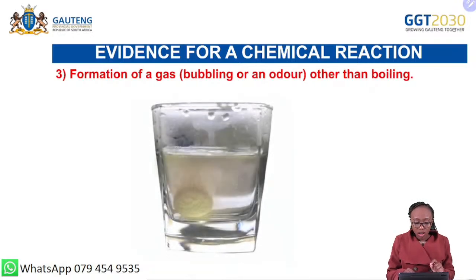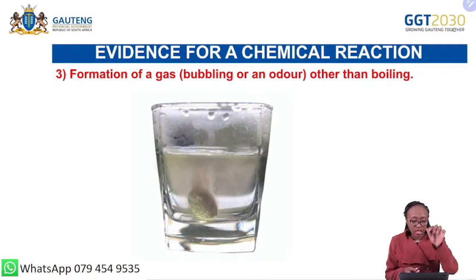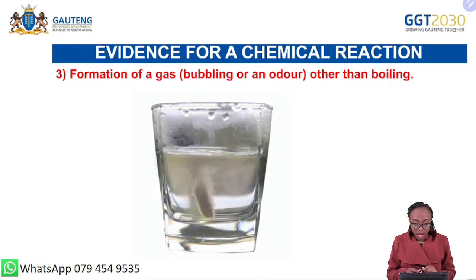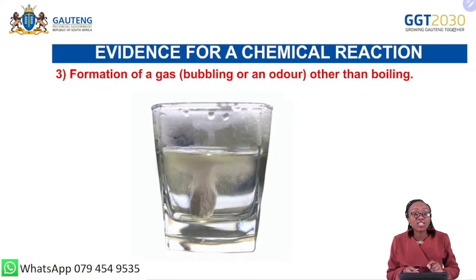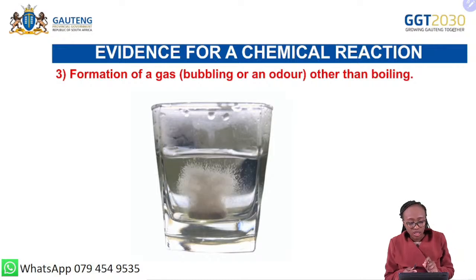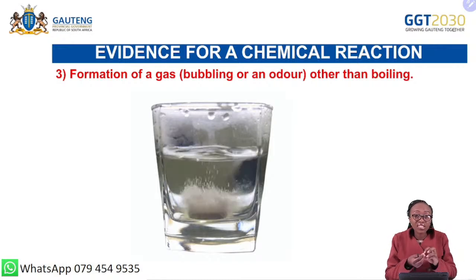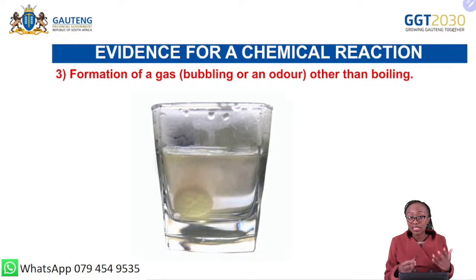I've got an illustration with me here. In my illustration, I took a pill and put it in a glass. You see the bubbles that are forming there. That is an indication that a gas is being formed. If we can harvest that gas, we can find out what gas it is.